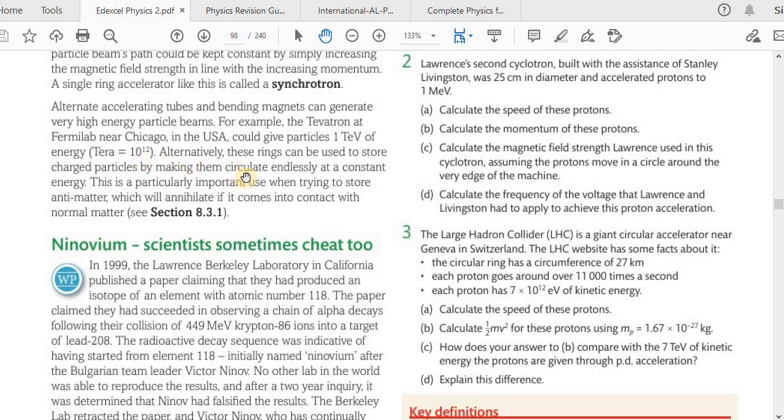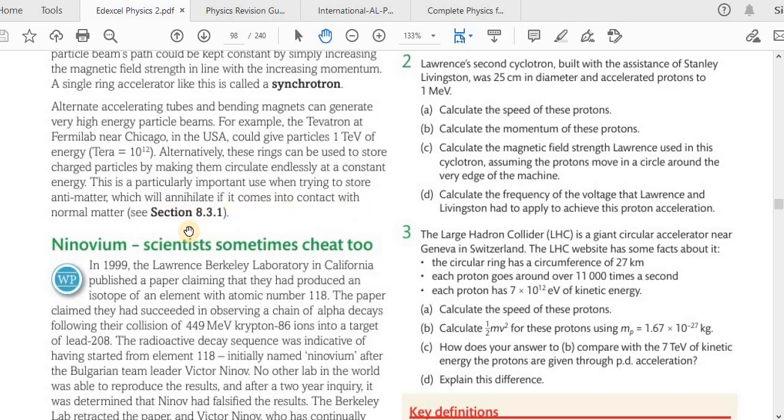Alternatively, these rings can be used to store charged particles by making them circulate endlessly at a constant energy. This is a particularly important use when trying to store antimatter, which will annihilate if it comes into contact with normal matter.